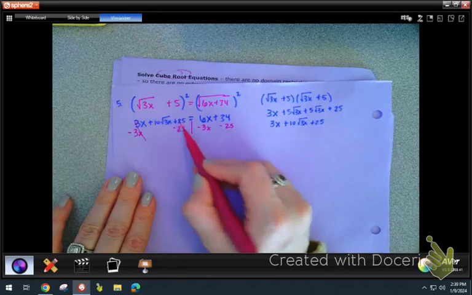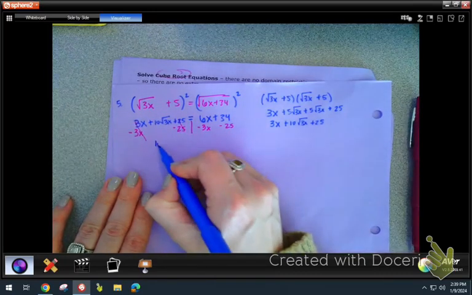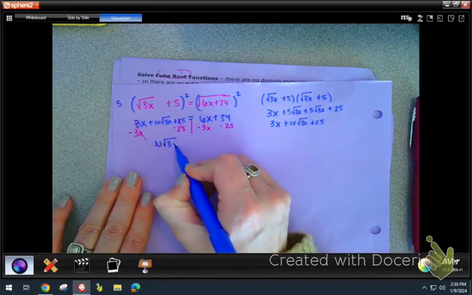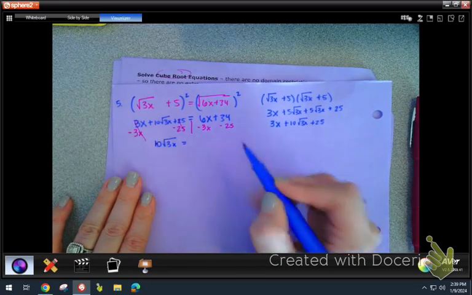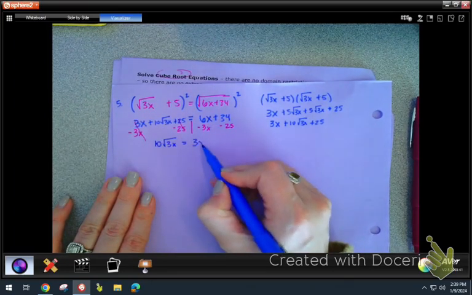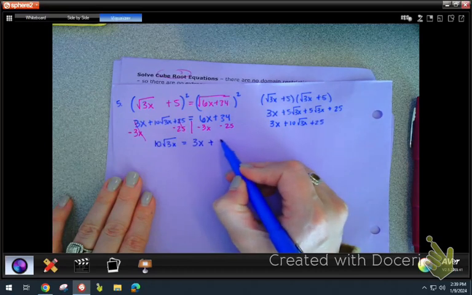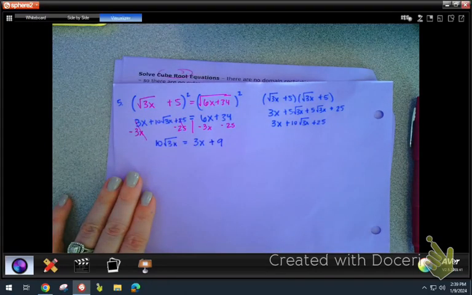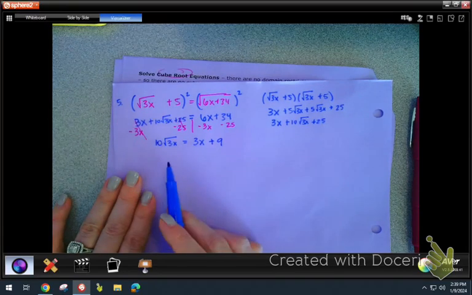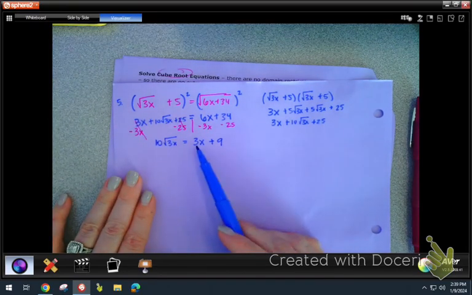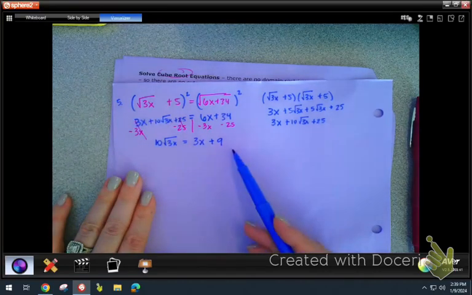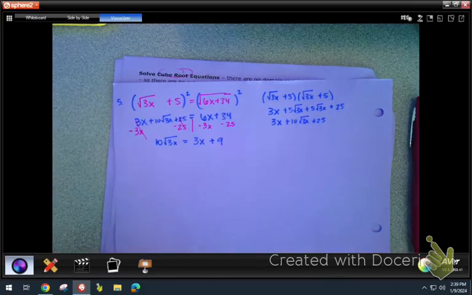So I end up with 10 root 3x equals 3x plus 9. Now, in the notes, I then isolated that radical by dividing by 10, but can 3x over 10 and 9 over 10, do those give you nice, pretty whole numbers?